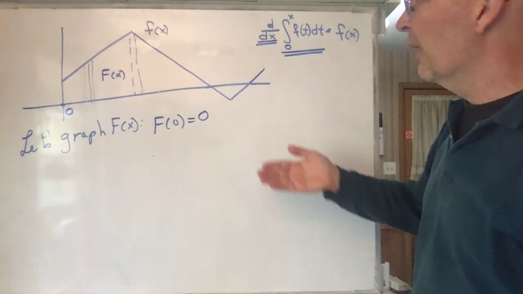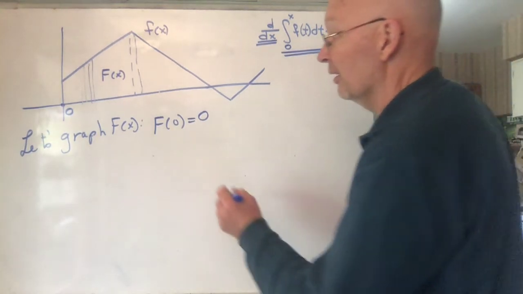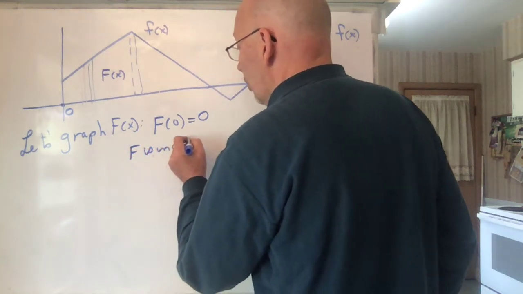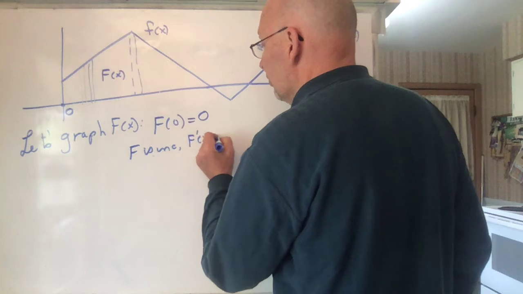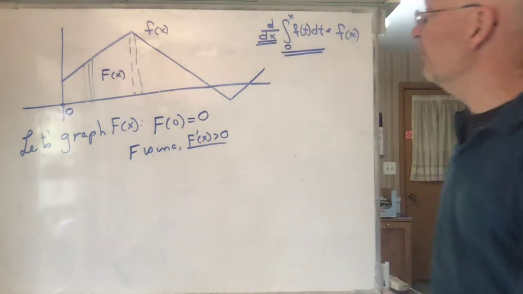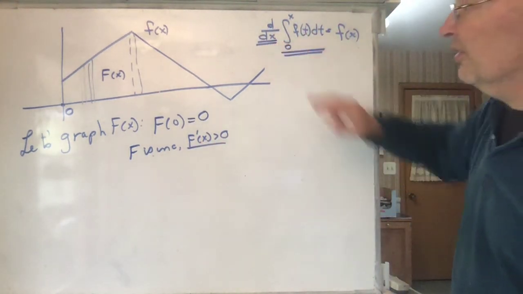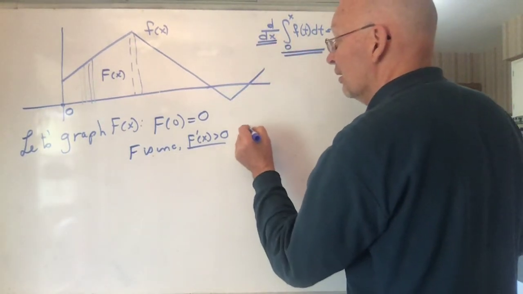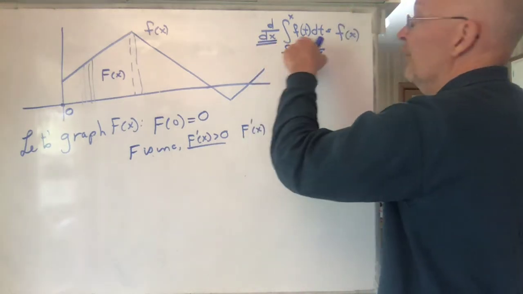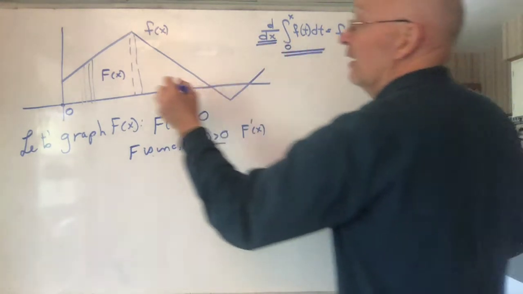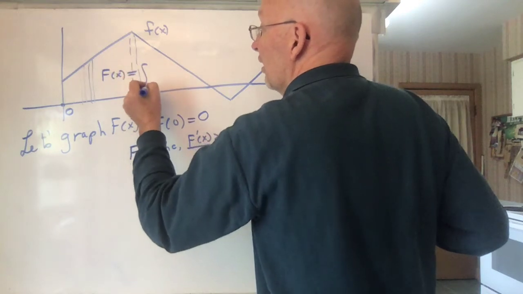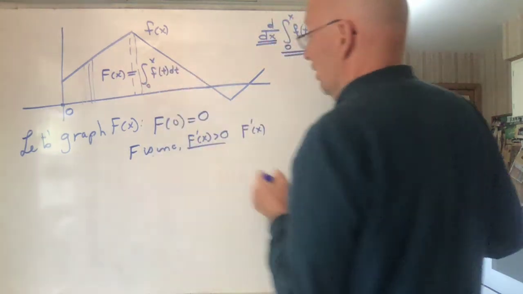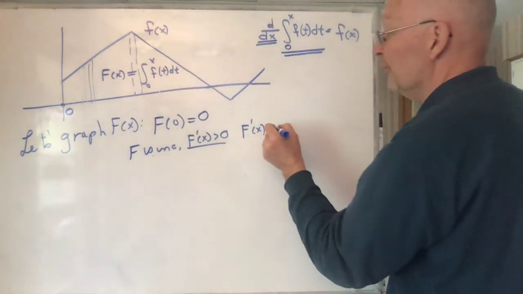Now, what else do we know about a function? Where is it increasing or decreasing? We know that f, any function, is increasing when the derivative is positive. Agreed? When the derivative is positive. But notice that the derivative of this function, okay, the derivative is just equal to small f of x.